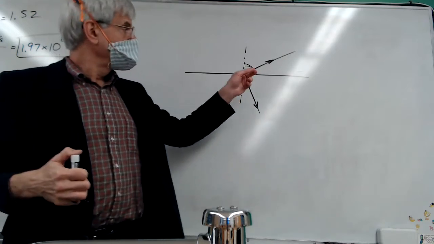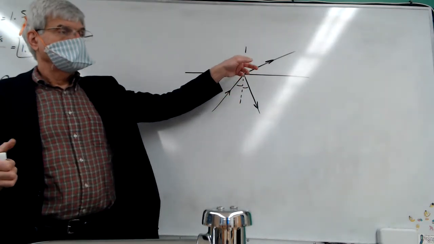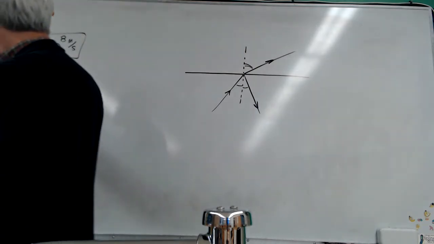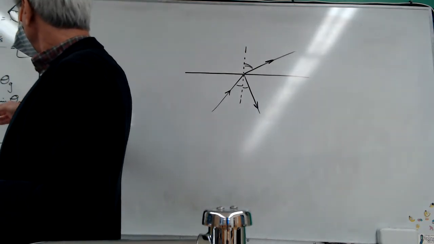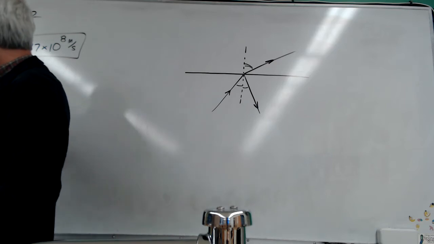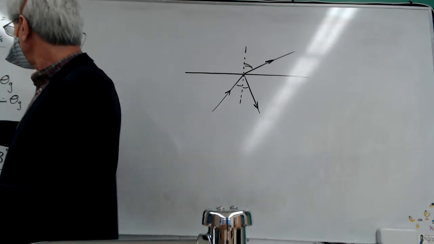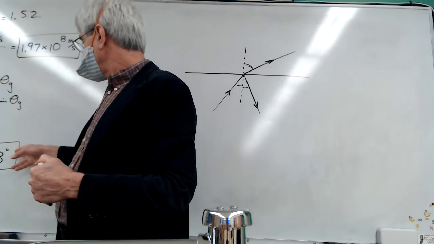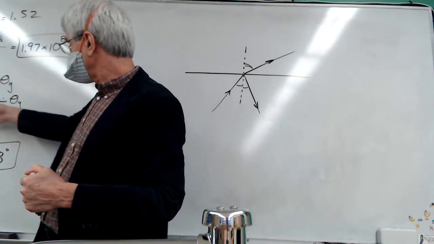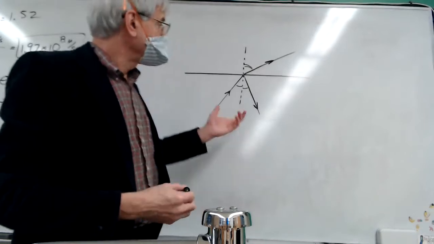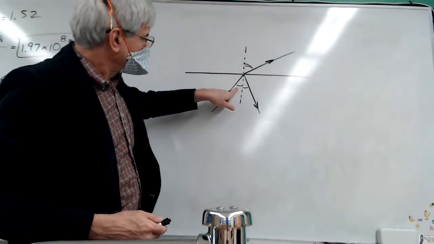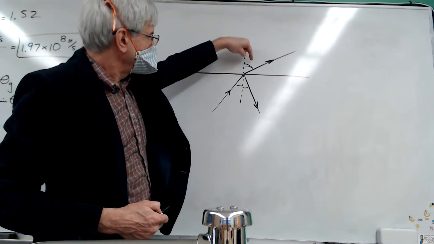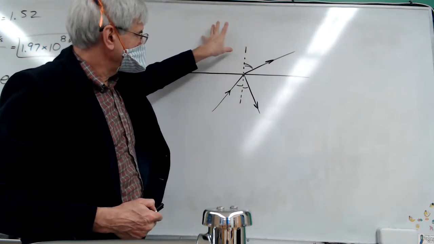You always have the larger angle where there's the smaller refractive index, like that example that I had you do a few minutes ago, number 2. N equals 1, theta equals 49 degrees, N equals 1.52, theta is just under 30 degrees. Bigger index of refraction, smaller angle. Same thing here. Smaller angle in the bigger refractive index, water in this case. Bigger angle in air where the index of refraction is smaller.